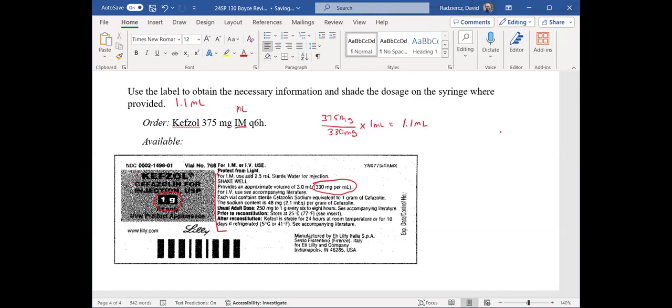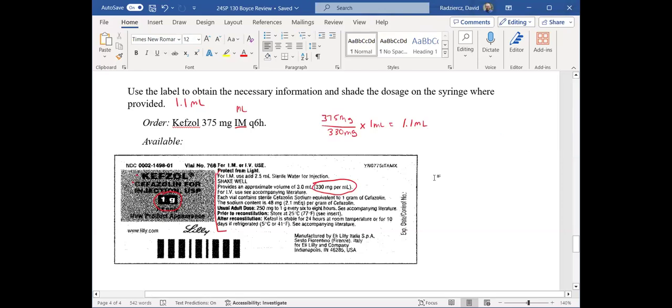If you accidentally flip the numbers, 330 over 375, now you know, remember, it's always order over available. Or if you're doing dimensional analysis, then you would do 375 times 1 over 330, just to remember that your available is typically what you're dividing by.